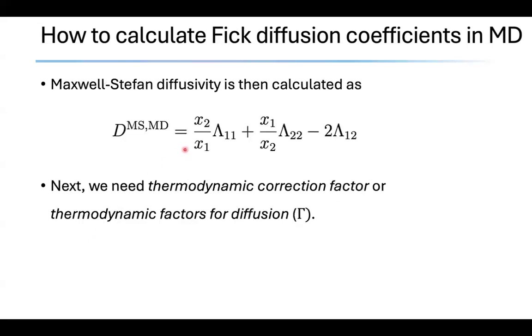Once the Onsager coefficients are calculated for species 1 and species 1, species 2 and species 2, and species 1 and 2, they can be combined together to then give you the Maxwell-Stefan diffusivity.